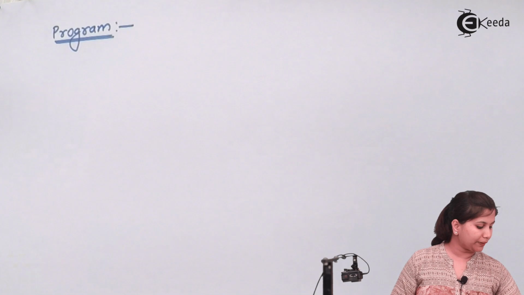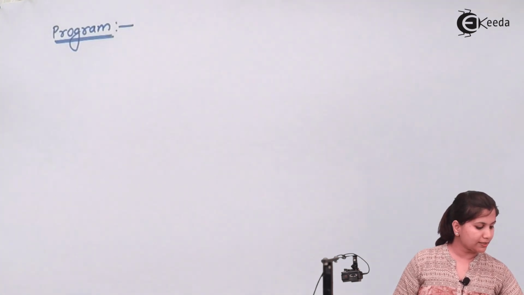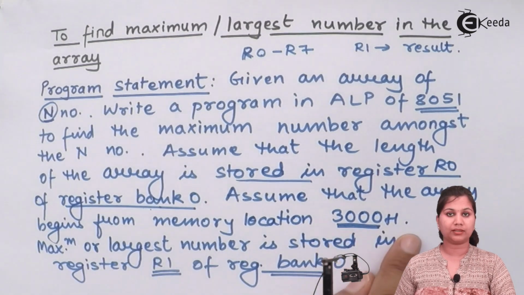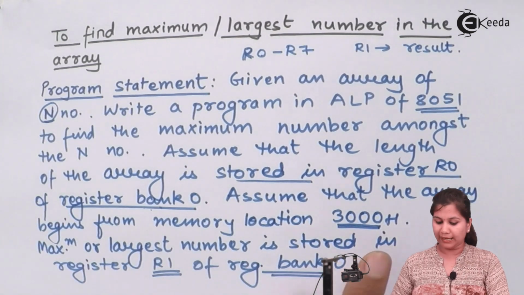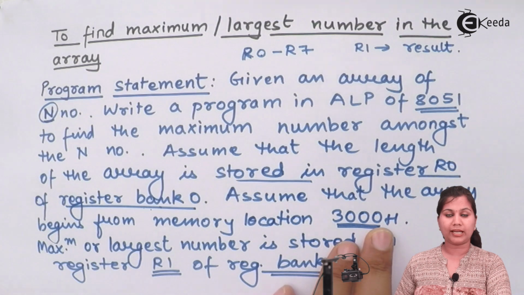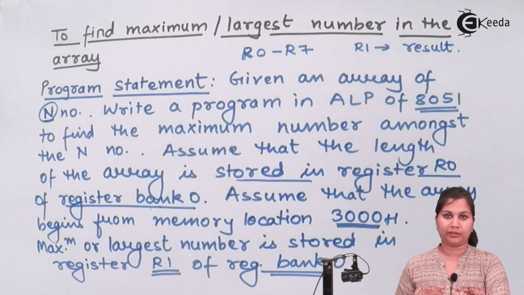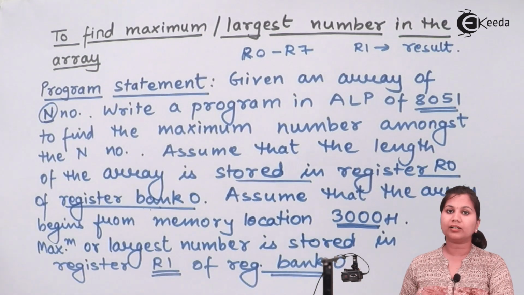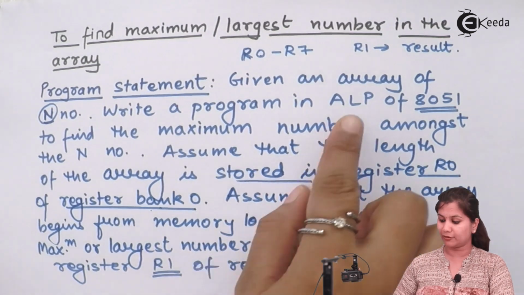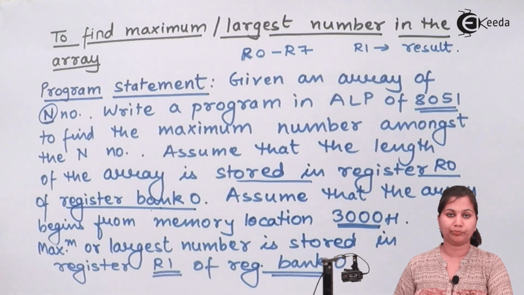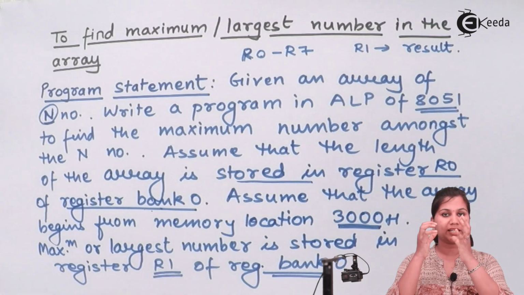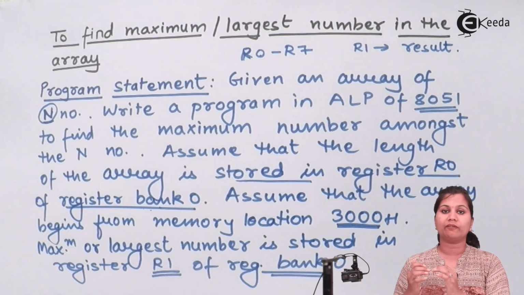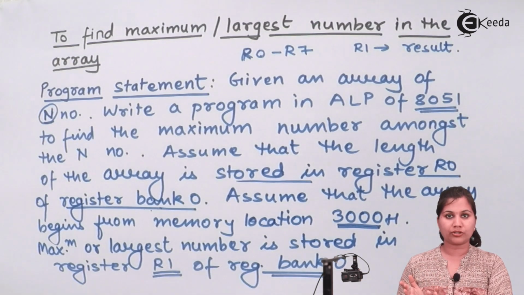Now in the question you can see that it was given to us that the starting memory location is 3000H, and this 3000H is in the external memory. Now to point the external memory, we are having a data pointer in the 8051 microcontroller. Now to bring the data from the external memory to the internal memory, that is into the accumulator, we have the move instruction.